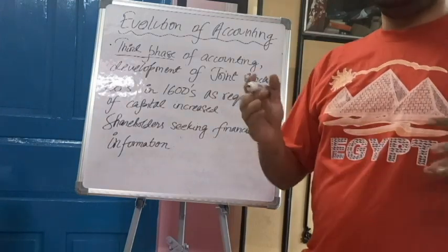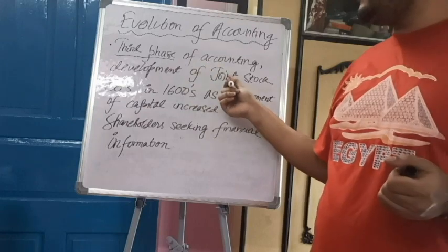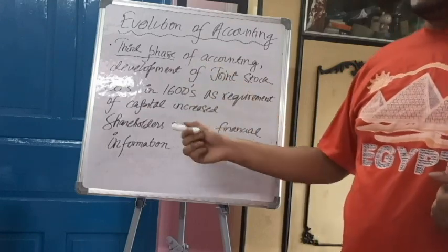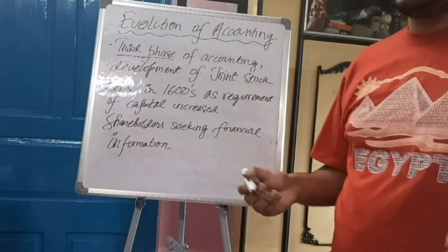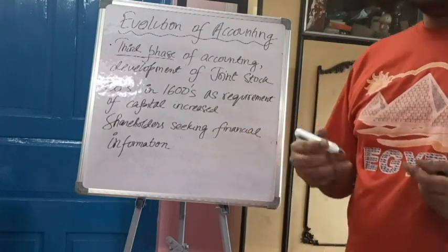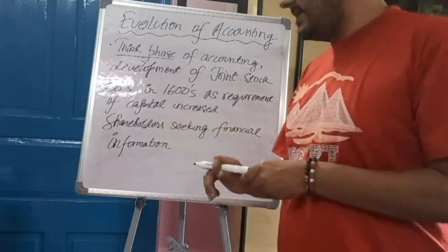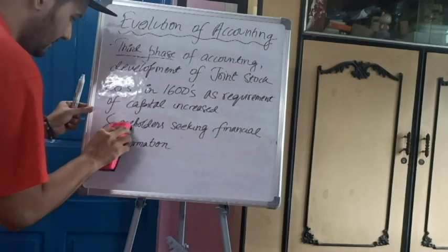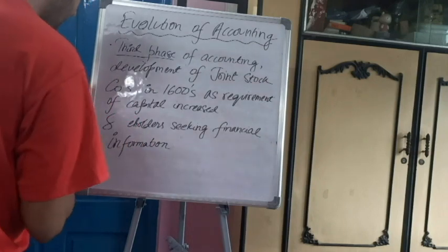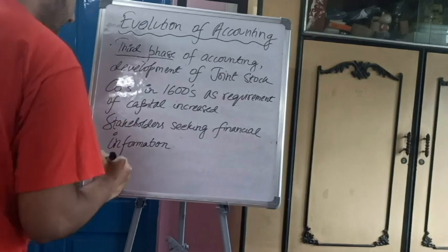That means the business at that time was expanding, and hence the joint stock company came into place. And so the interested parties, the lenders, creditors, banks, the shareholders, sorry, this is not shareholders, this is stakeholders. Stakeholders means the interested parties.